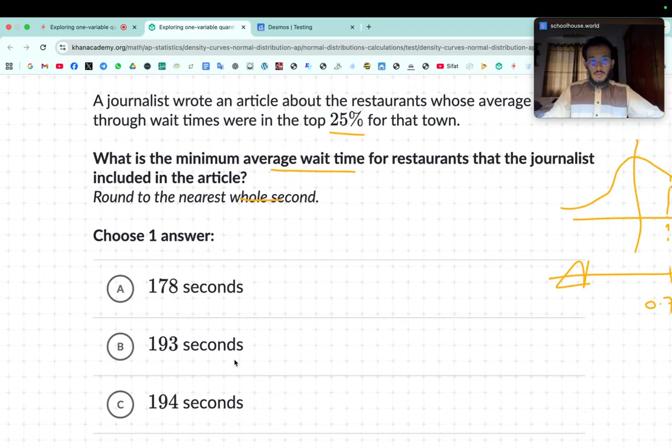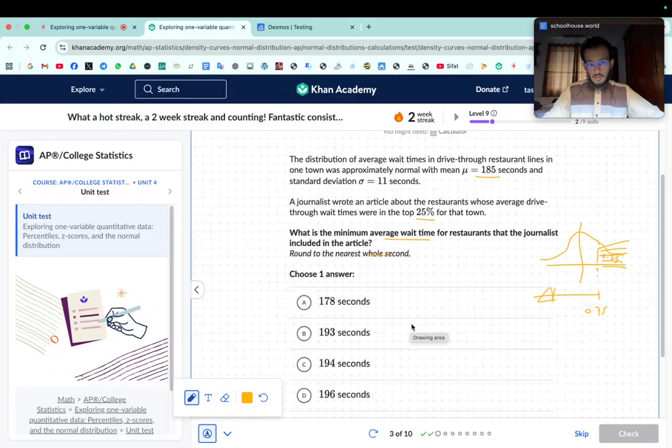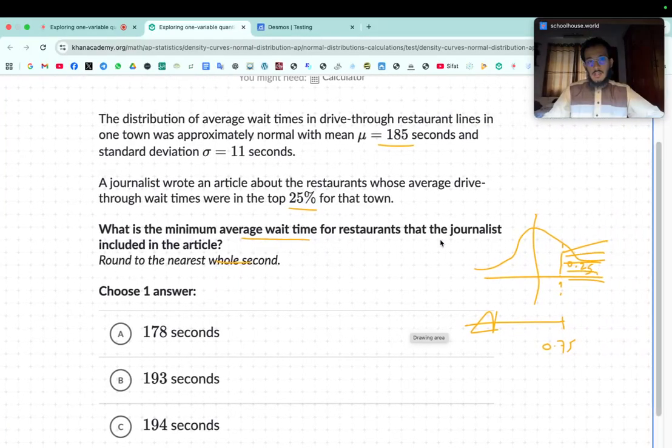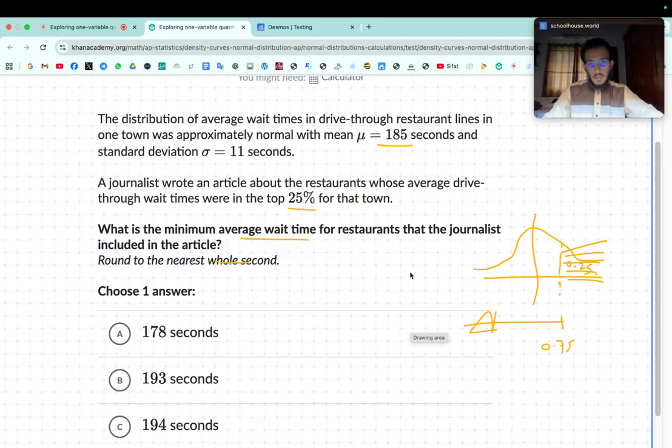So what do we select? Average wait time for the restaurants that journalists included in the article, the top 25% of that town.